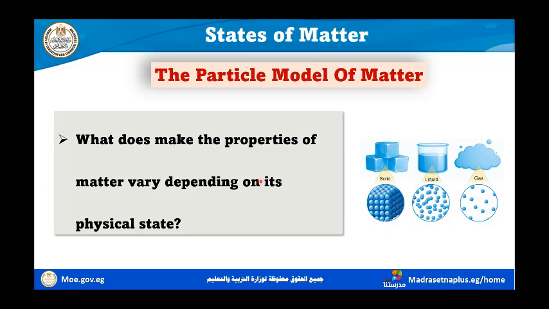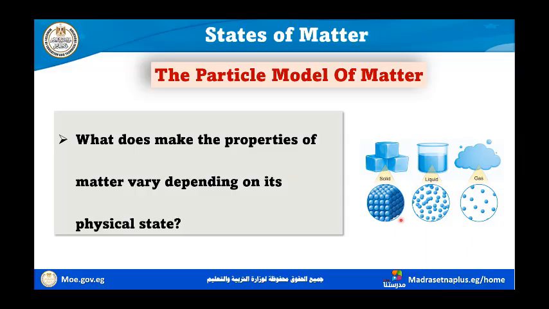What makes the properties of matter vary depending on its physical state? Why do the properties of solid state differ from the properties of the liquid state, and the liquid state properties differ from the properties of the gaseous state, and so on?